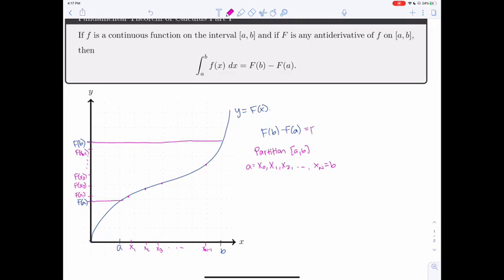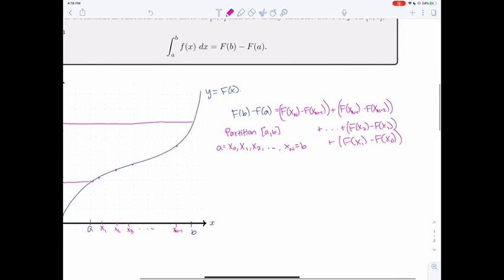So I can rewrite this as F of xn minus F of xn minus 1, plus F of xn minus 1 minus F of xn minus 2, plus all the way down to F of x2 minus F of x1, plus F of x1 minus F of x0.